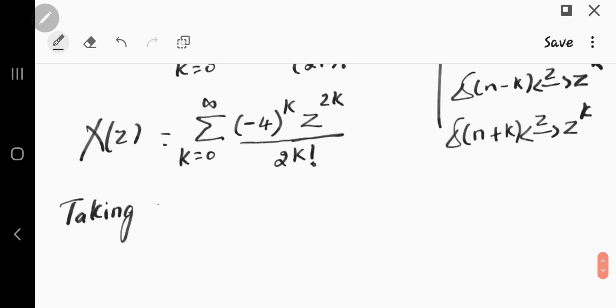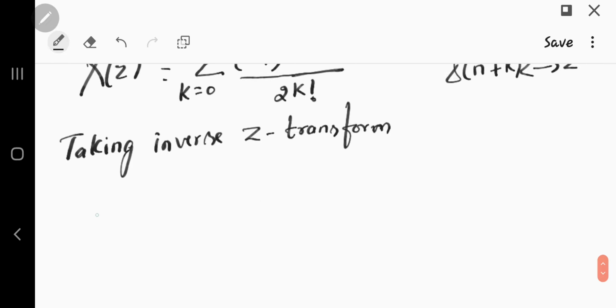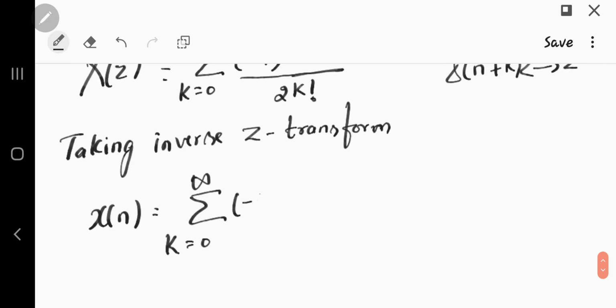So we are taking the inverse z transform for the whole term. So you can write x of n is equal to, the summation remains the same, k is equal to 0 to infinity, minus 4 to the power of k, and the 2k factorial will also remain the same.